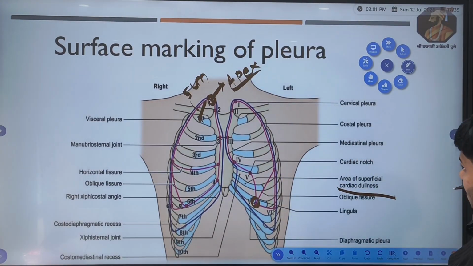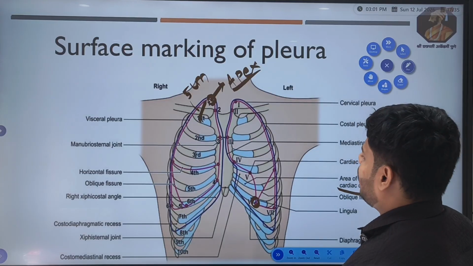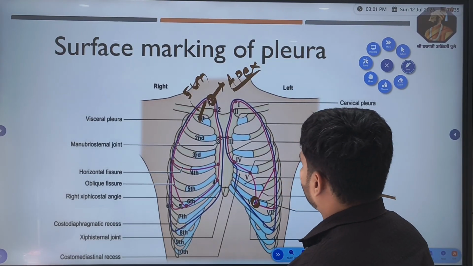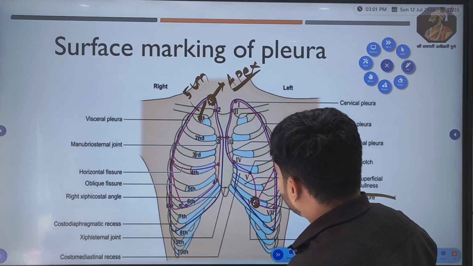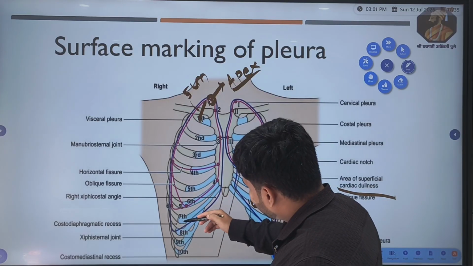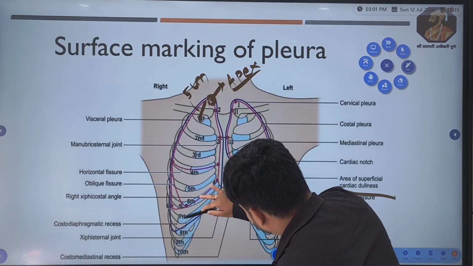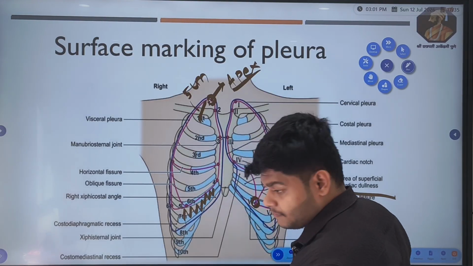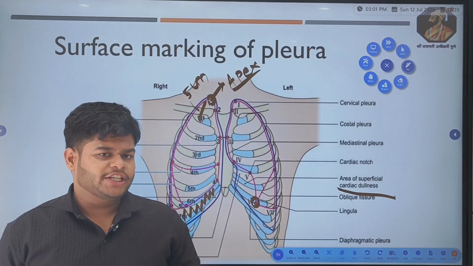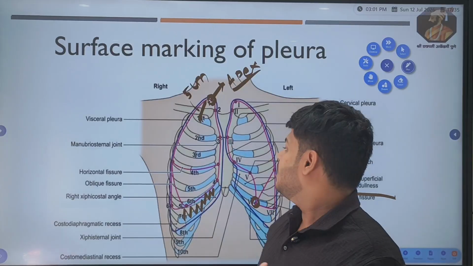Very easy. Now the parietal pleura also follows the same path as your visceral pleura, but it is a little bigger than the visceral pleura. So there is the formation of a cavity for accommodation of the inspiration and expiration expansion of the lung.